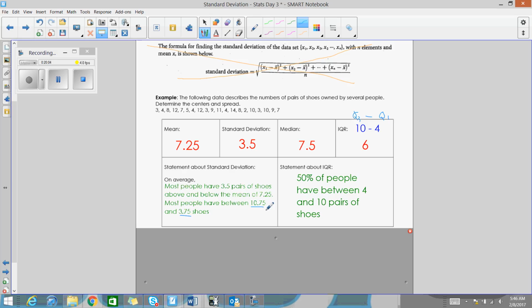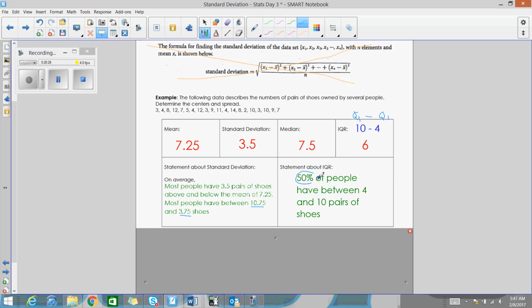Now, something I didn't say yesterday is what the IQR actually means. The IQR of 6 means that about 50% of people have between 4 and 10 pairs of shoes. So between your Q1 and your Q3, 50%.